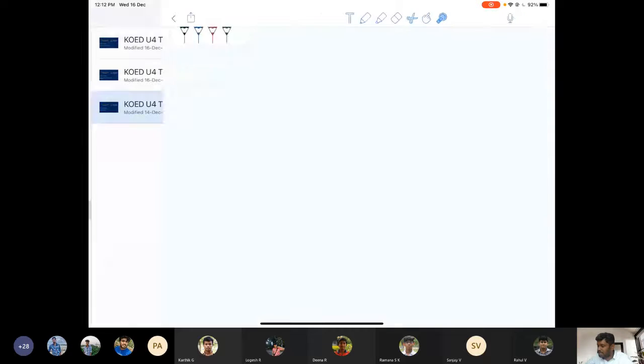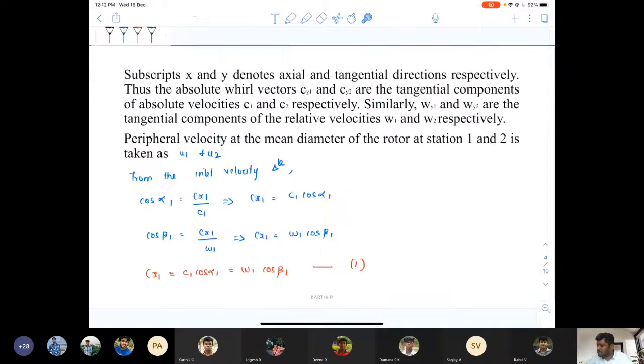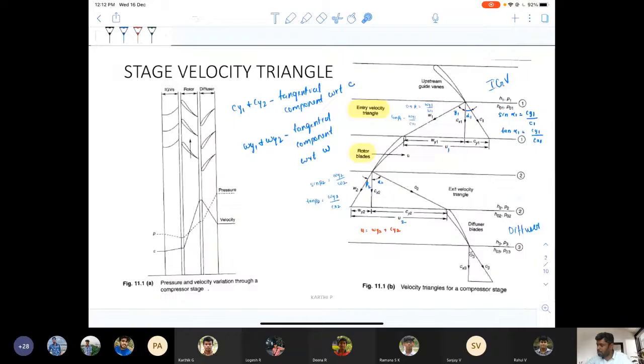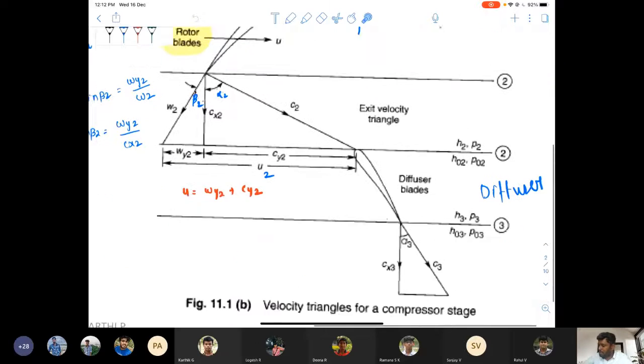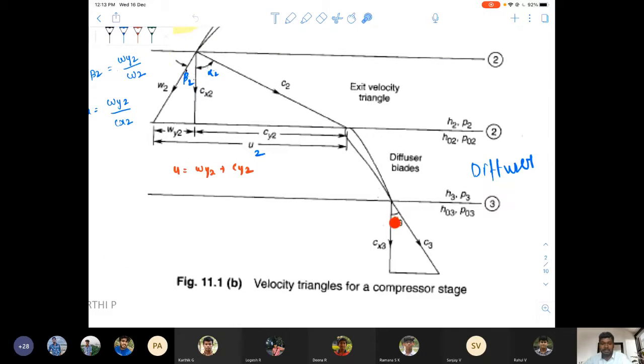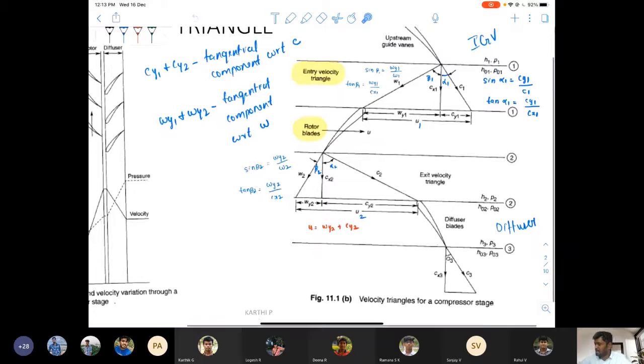That is, angle alpha 1 will be equal to angle alpha 3. By geometric theorems you can relate alpha 1 equal to alpha 3, and the value of C1 will also be equal to C3.